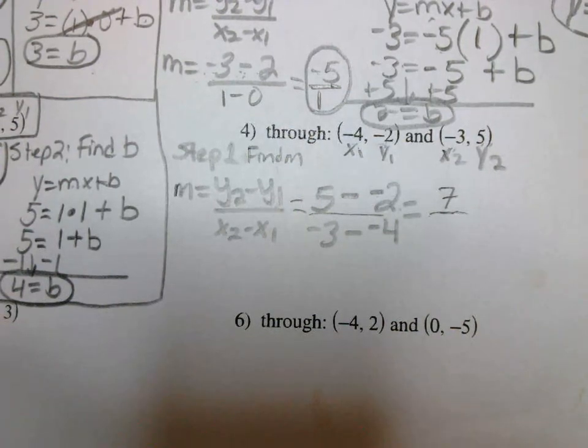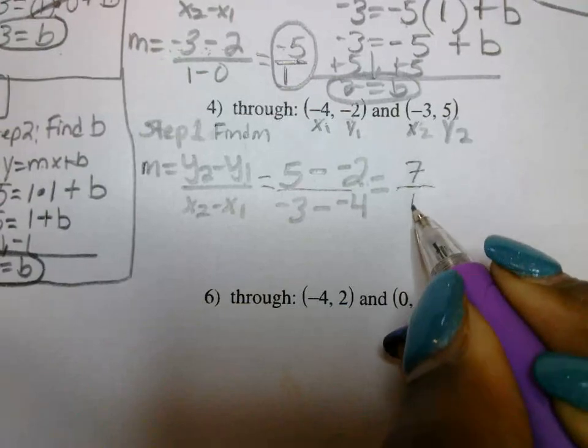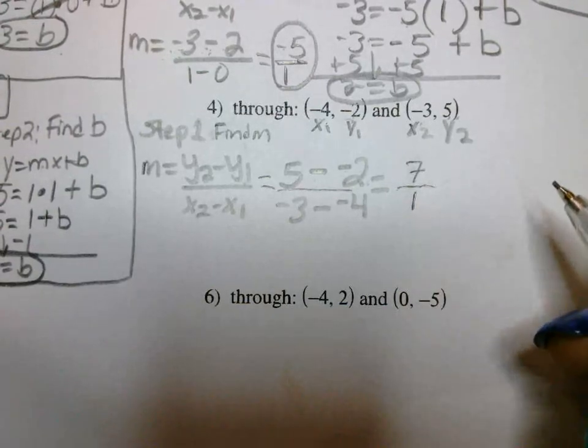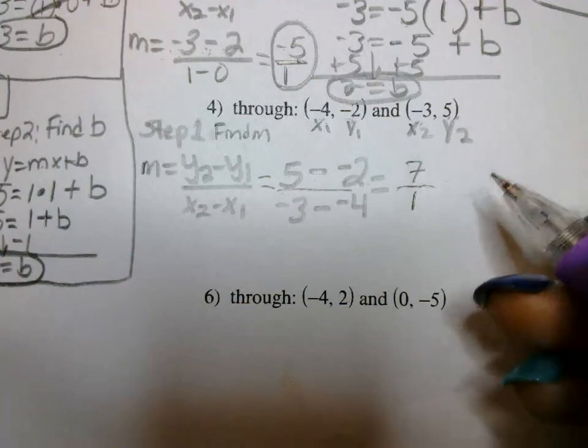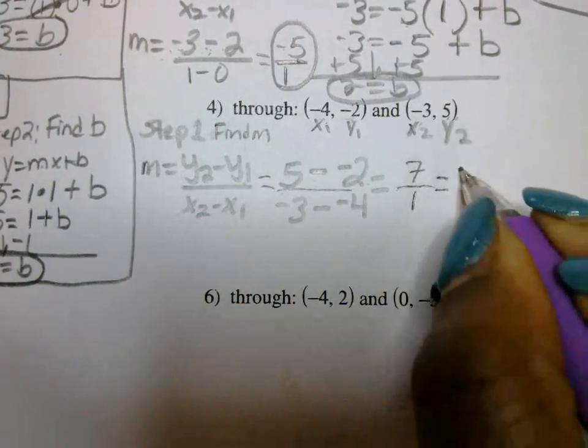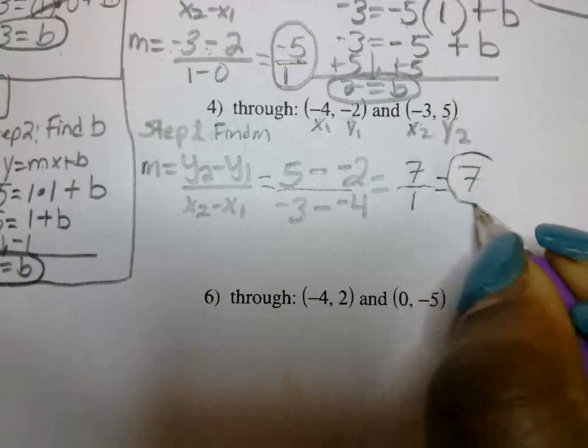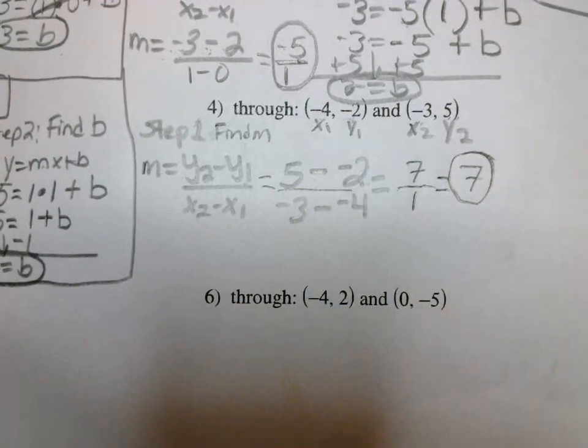Bottom. -3 minus a -4. Positive 1. Good job. So now we have 7/1. When we simplify 7/1, what does that equal? 7. So M is 7. Please write that down. M is 7.